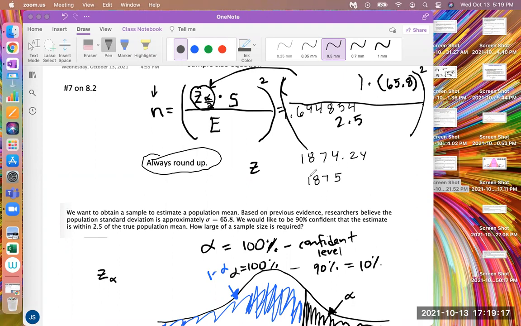And so we do 1875 is our answer. Okay. Because there's no problems with sampling too many people. Too many people is great. The bigger the sample, the better. And in fact, if we had the whole population, that's really the best. We don't even need any more statistics anymore. We just do the whole population. So always rounding up here.